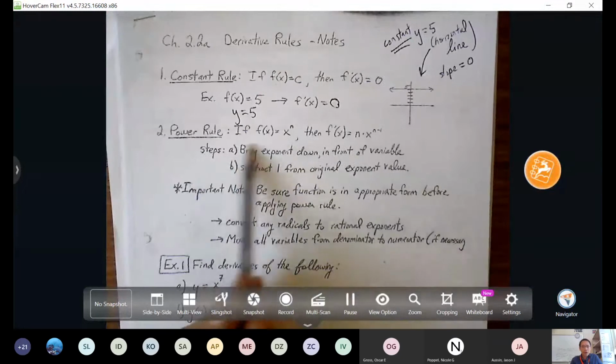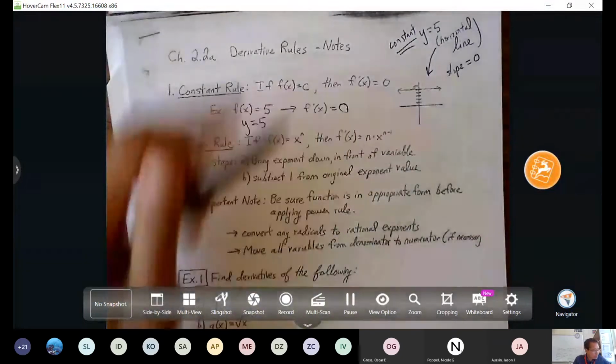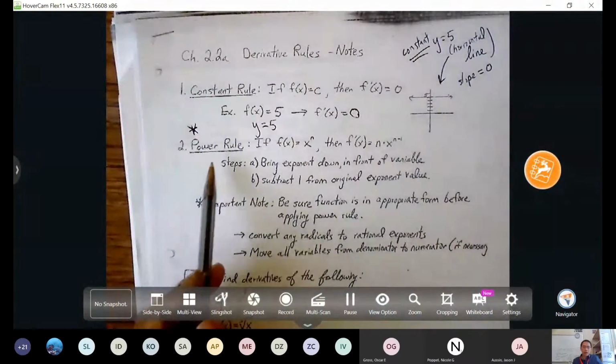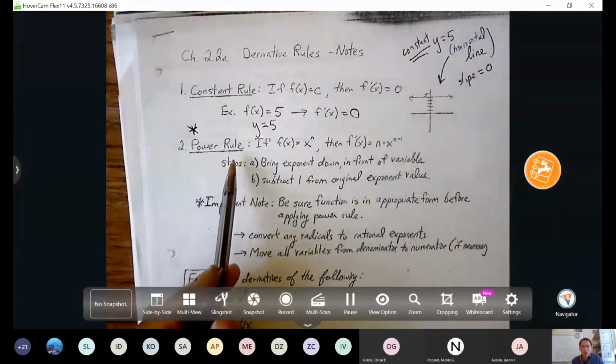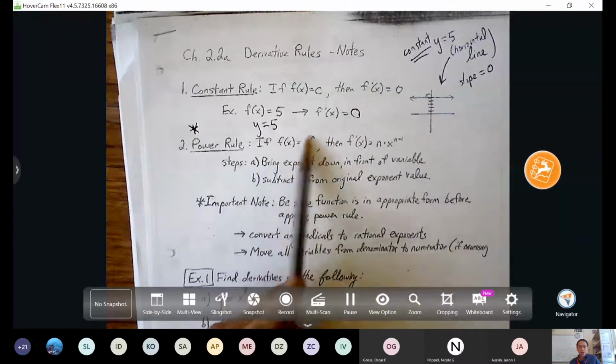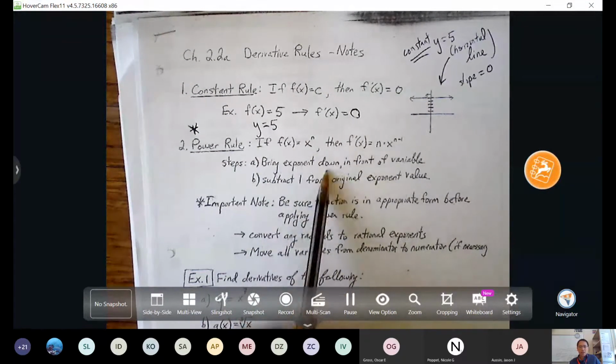Now, let's do the power rule. This is probably the derivative rule that you come across the most in our course. This is the foundation that we're building a lot of things on.